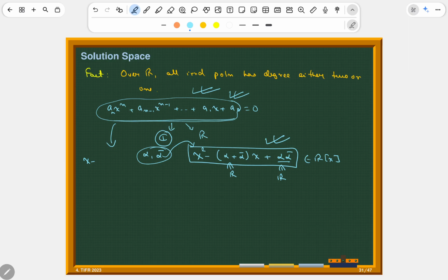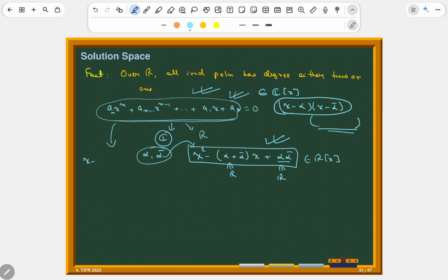right? Something very interesting which we can clearly observe: if you extend this over C, because after all this is a real polynomial and the real field is itself sitting inside the complex field, then if you view this as a polynomial over C, it will surely split into x minus alpha times x minus alpha bar times some polynomial, and this quotient has to be a real polynomial as well.